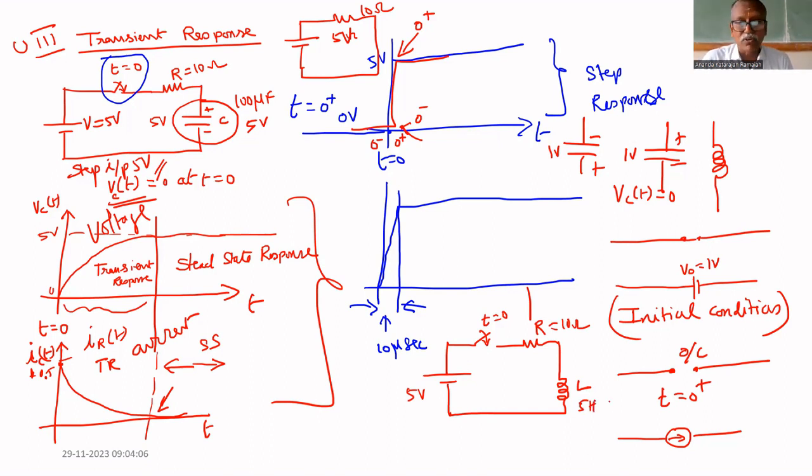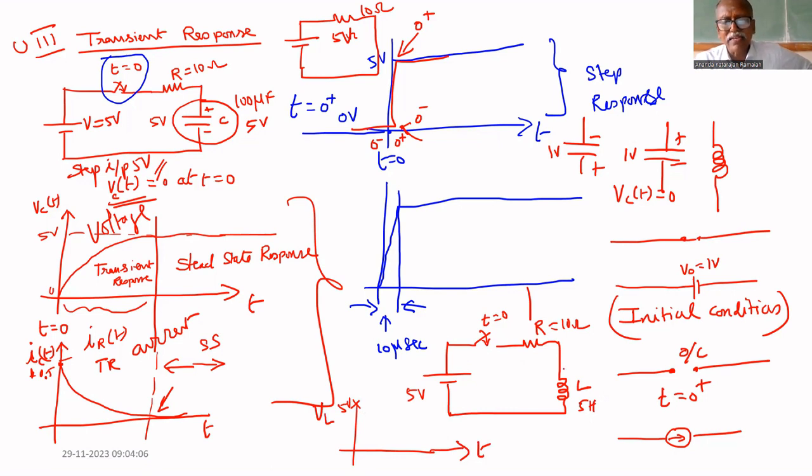Initially, it acts as an open circuit. That's why the voltage across the inductor is initially 5 volt, because it is open circuit and there is no current in the inductor initially. So initially VL will be 5 volt.